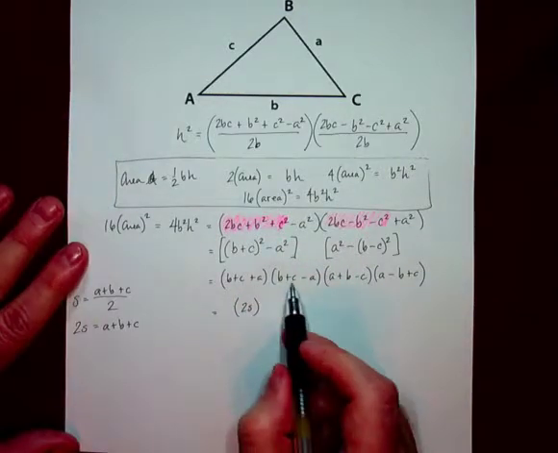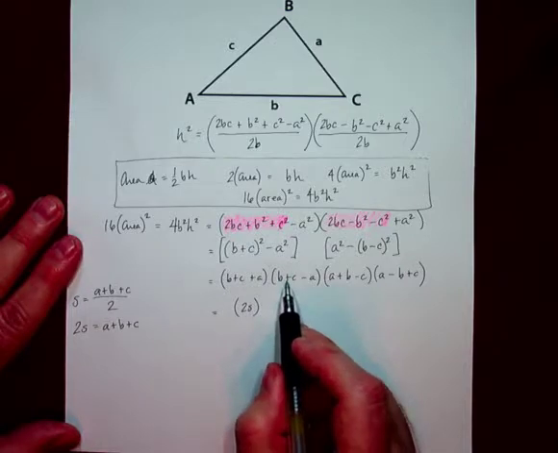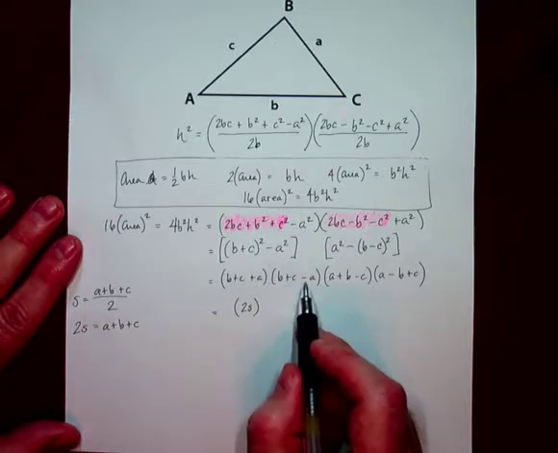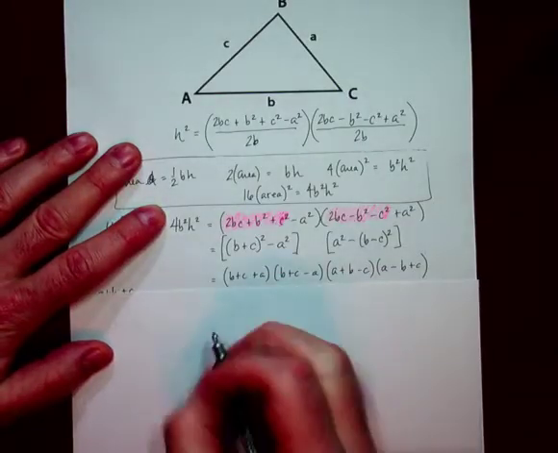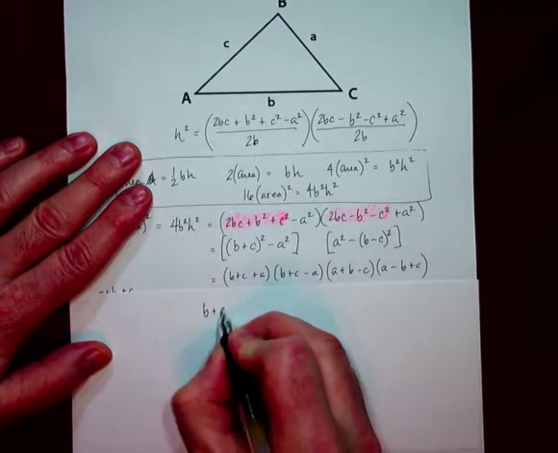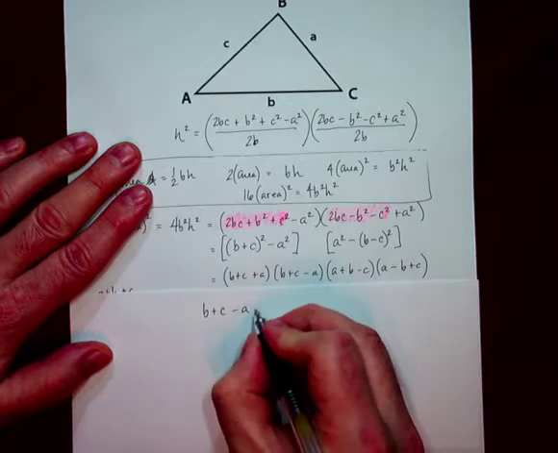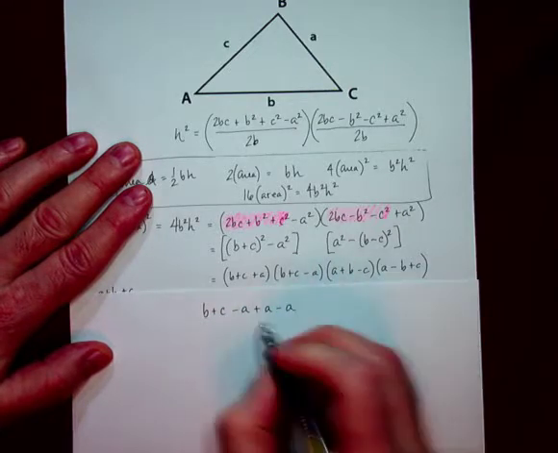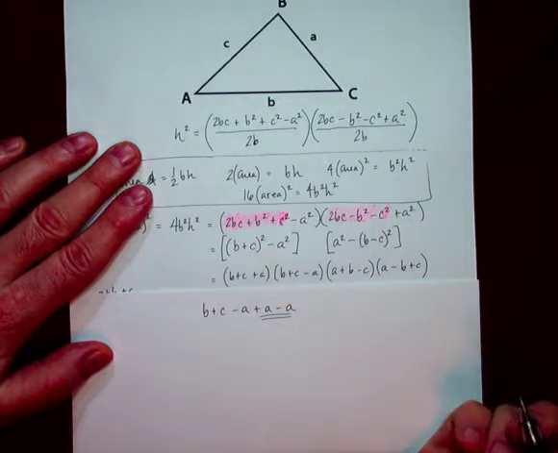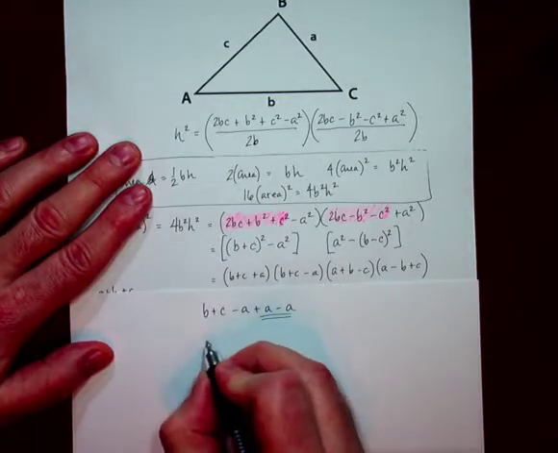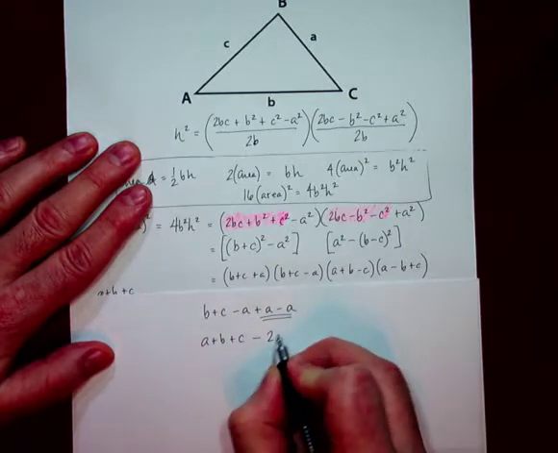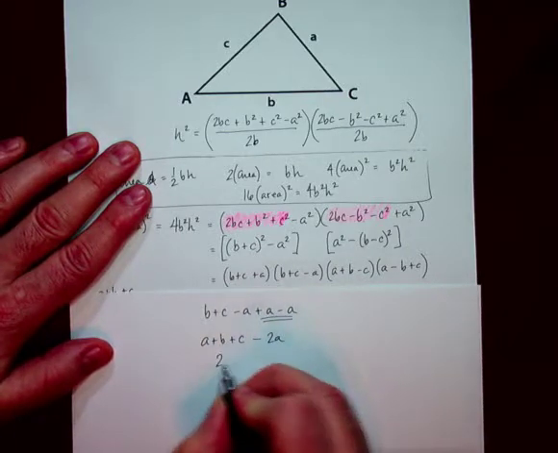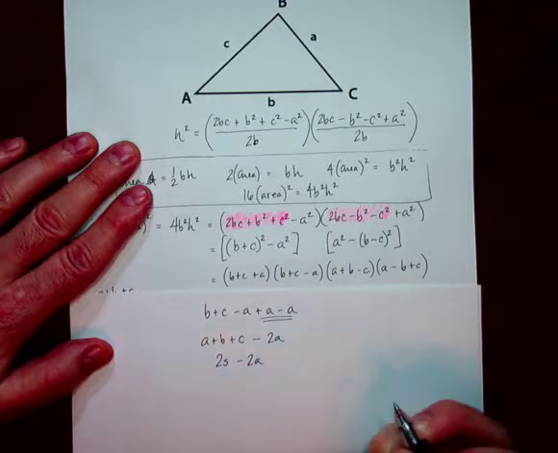Now in this one, if I take b plus c minus a, and then I add a and subtract a, and I can do that because I haven't changed the value, what I get is a plus b plus c minus 2a, or 2s minus 2a, because this is 2s.